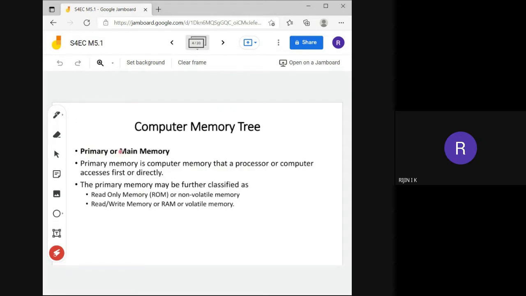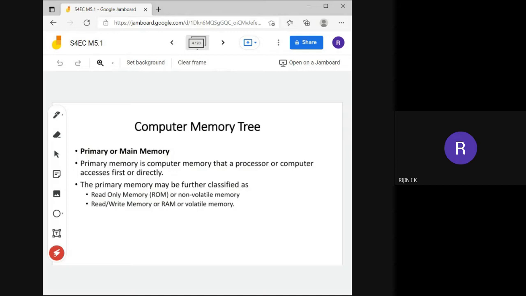That is what primary memory is. And we can classify primary memory into two categories: one is called read-only memory, that is ROM, and another one is called read-write memory.